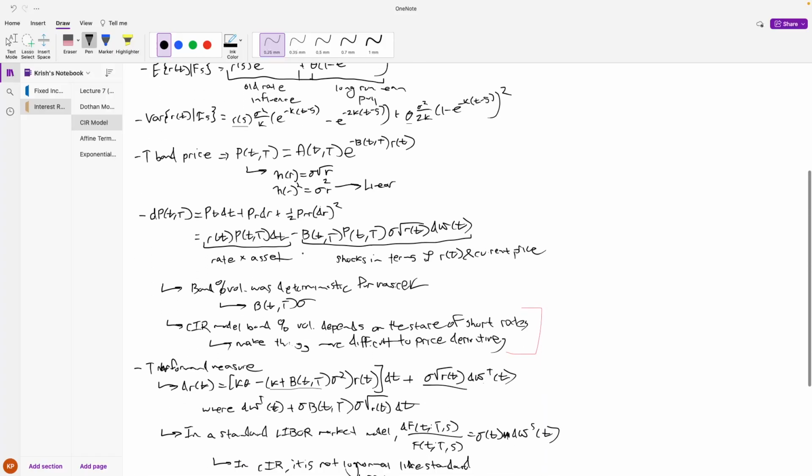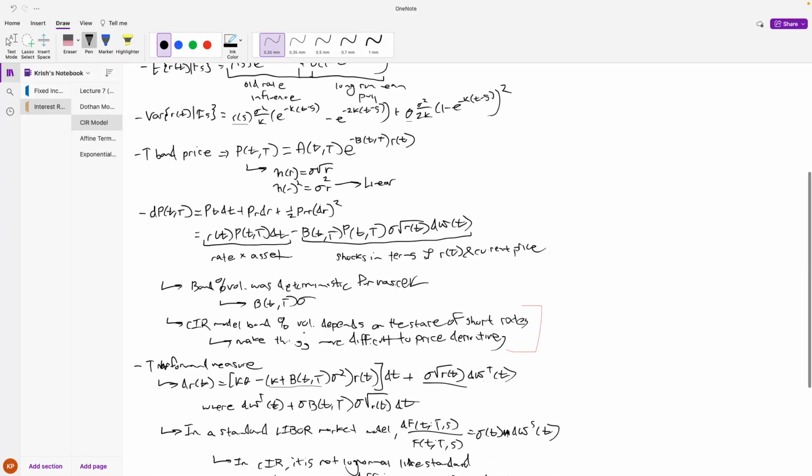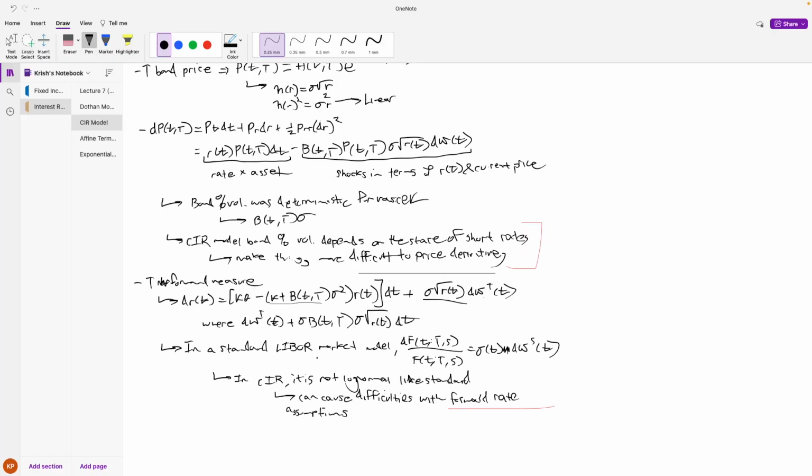The only two issues, of course, are that the bond volatility depends on the state of your short rates over time, so it can be more difficult to price these derivatives. And the forward rate assumptions can cause difficulties because it is not standard. It's not lognormal.